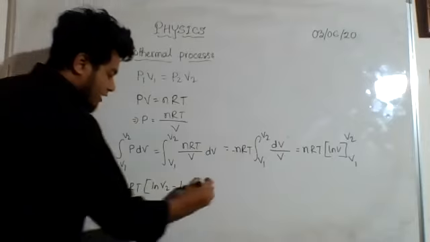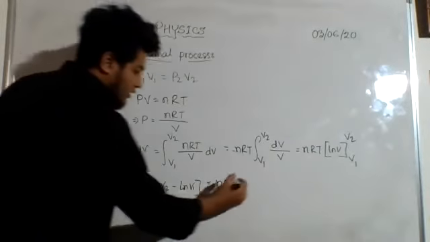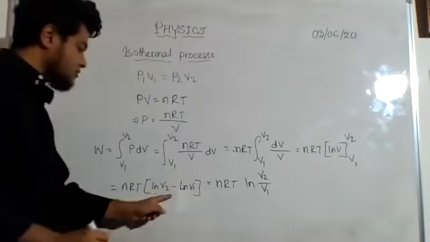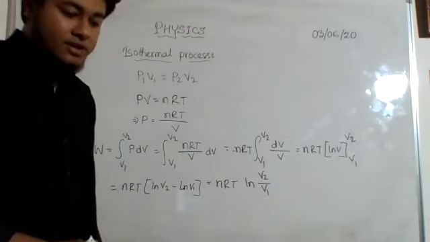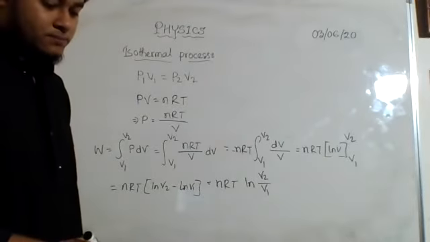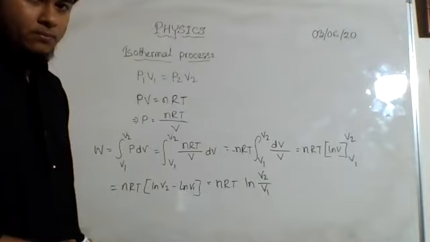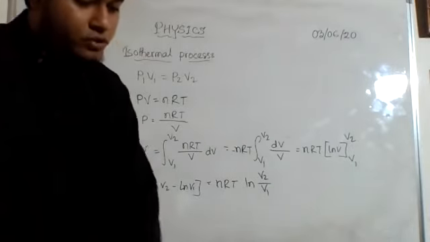If you remember the logarithm formula, we can write ln V2 by V1. If it is minus, then we can write it as division. Till now, anybody has any confusion? No, sir. Okay, so this is equation number 1.24.